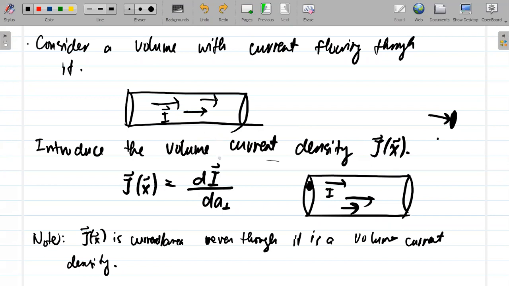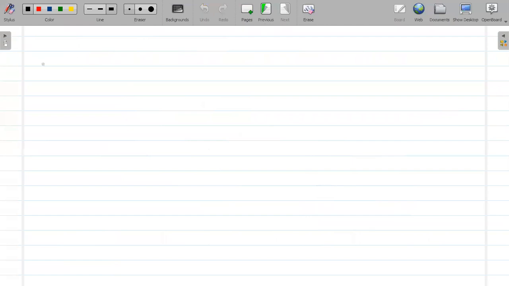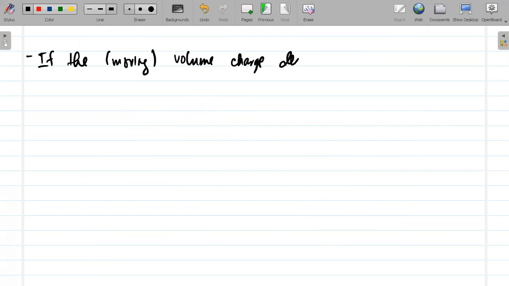Okay, next. So if the moving volume charge density, let's say that is rho. Take note class, ito na volume charge density is rho.